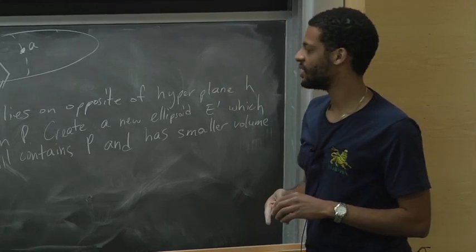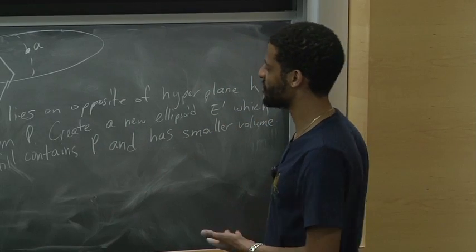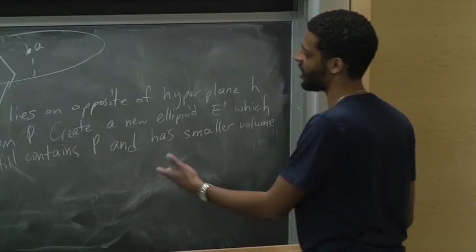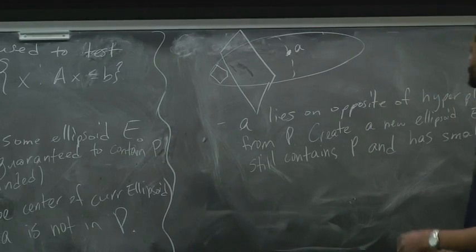So if you're able to implement the separating hyperplane oracle, then you could run ellipsoid. Also, depending on what your initial convex set is, you need to be able to easily say what E0 should be.